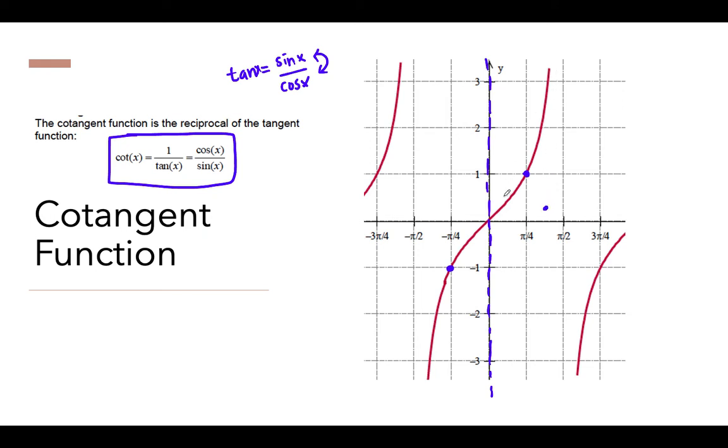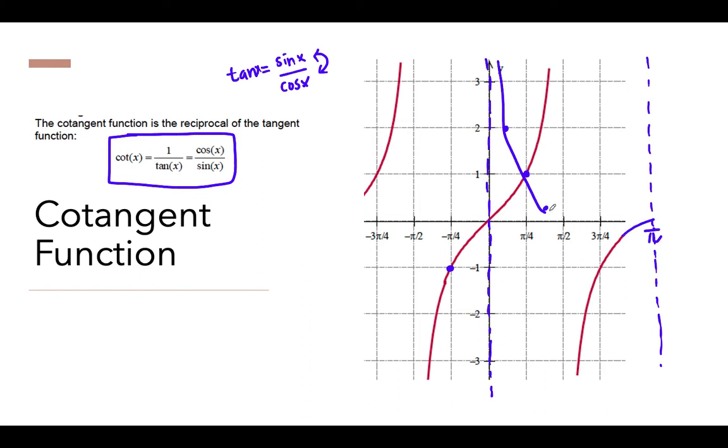If I take the reciprocal of the y value between 0 and pi over 4, we have 0.5 here. If I do 1 over 0.5, I get 2. So as you can see, it looks like it's going to be going this way. Until we meet another vertical asymptote at pi.